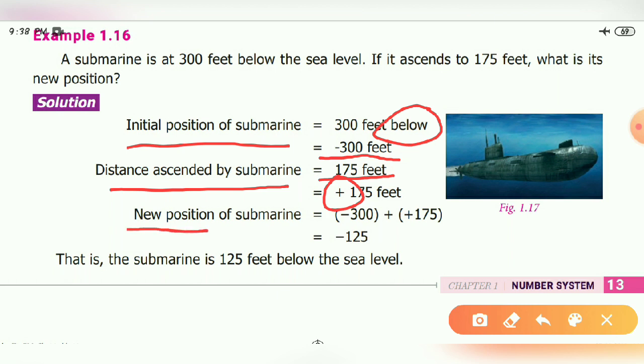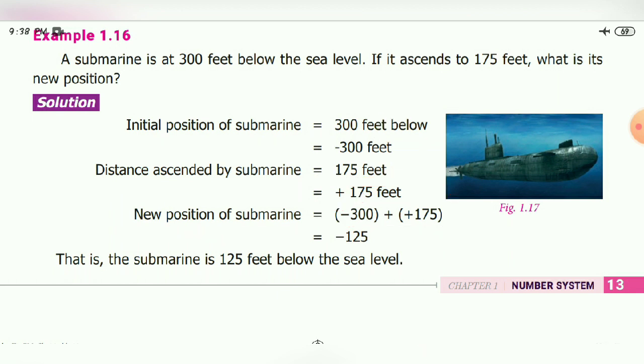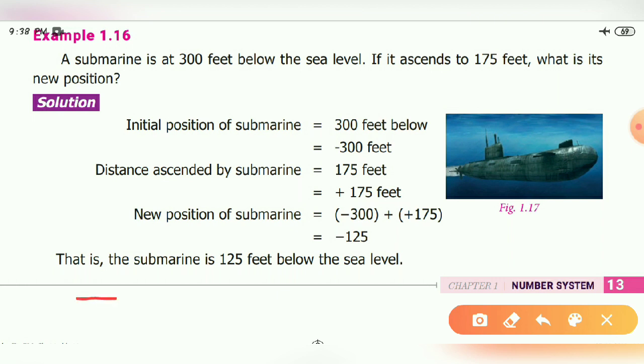Next, they are asking the new position of the submarine. New position of the submarine is equal to initial position plus distance ascended by the submarine. So minus 300 plus 175. The two signs are different, minus 300 and plus 175. It means you keep the sign of the biggest number, minus.